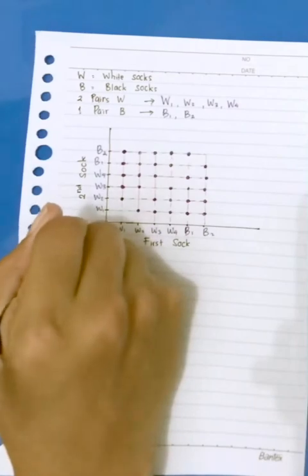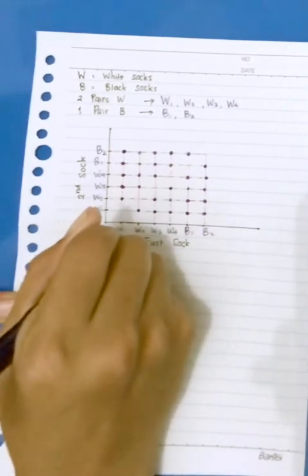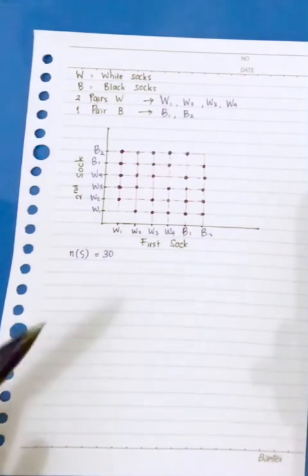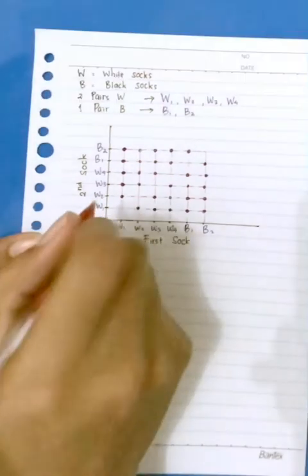So n(S) is 30. And for the third sentence, find the probability that the 2 socks drawn are of the same color by using a possibility diagram. The same color, so it means white, right? Or black.